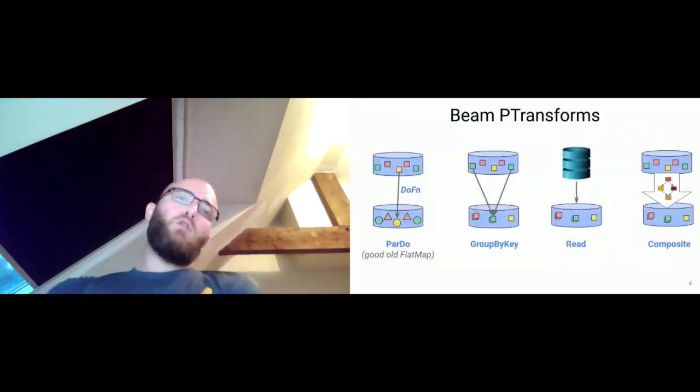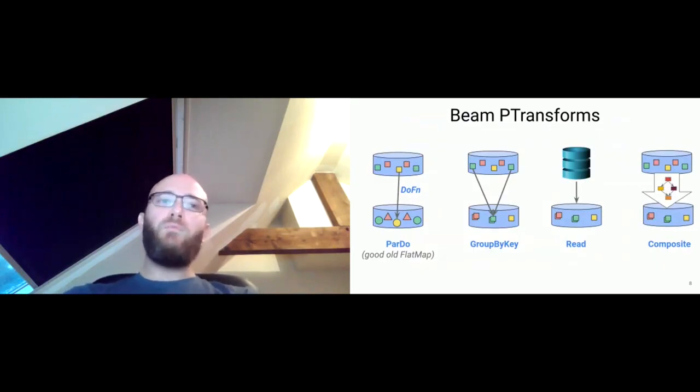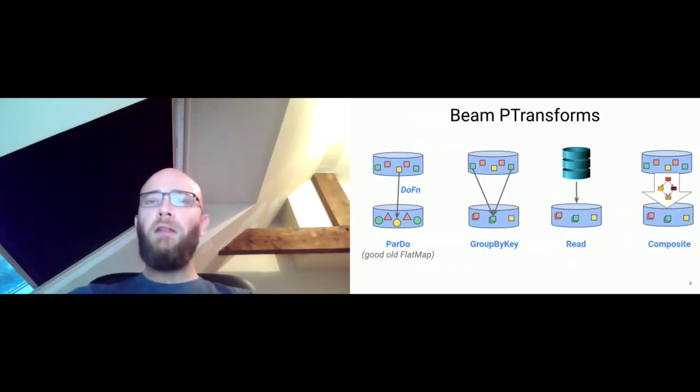The Beam transforms, actually there are only 3 Beam transforms, 3 primitives. There's the ParDo, which is the good old flat map that is basically an element-wise processing, and the GroupByKey, which is a way to group elements into groups that could later be processed in parallel downstream in the pipeline.